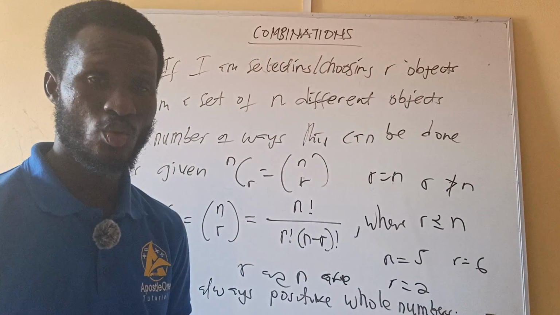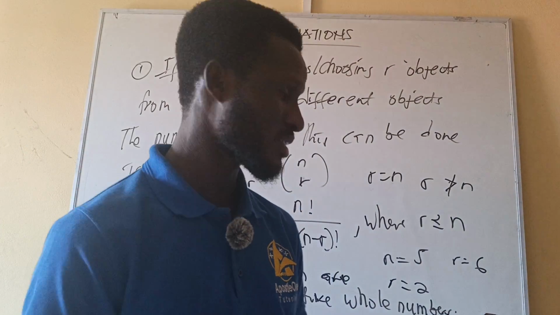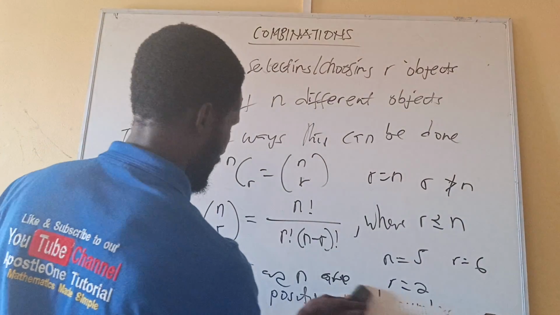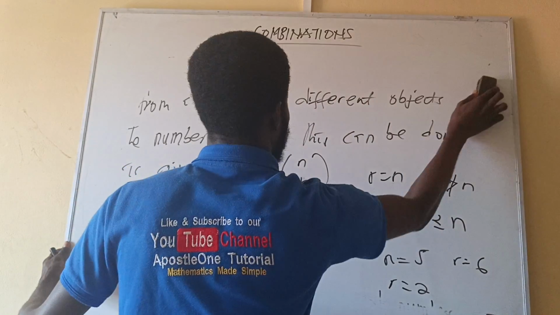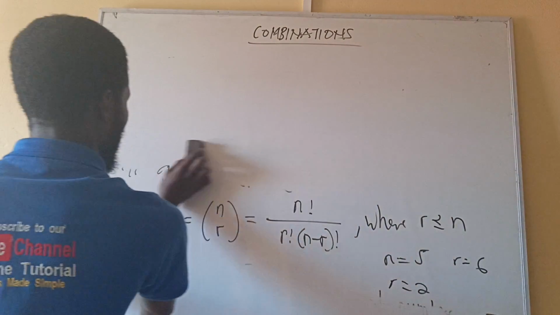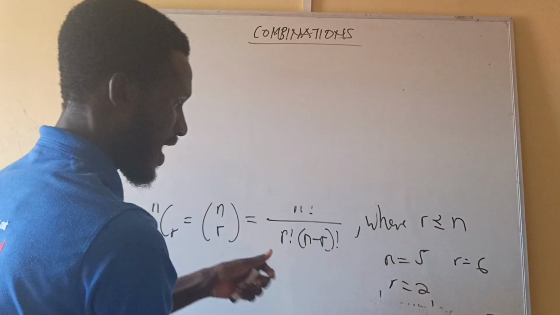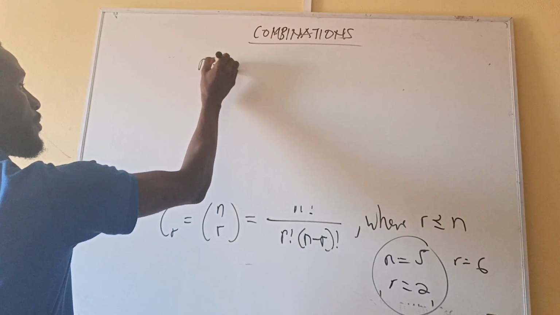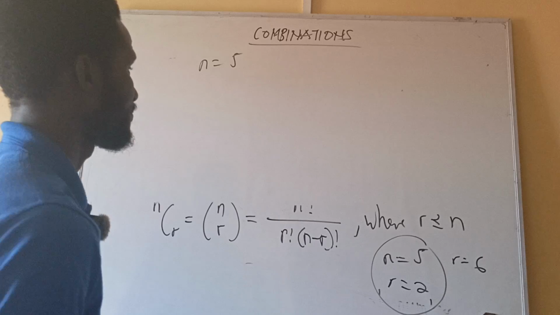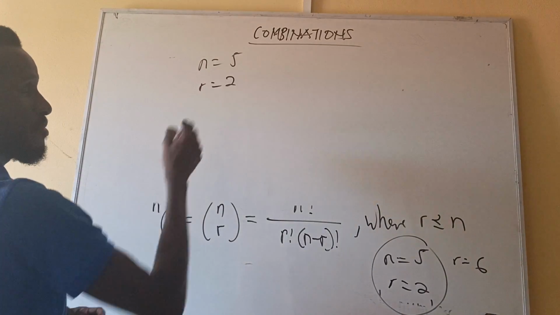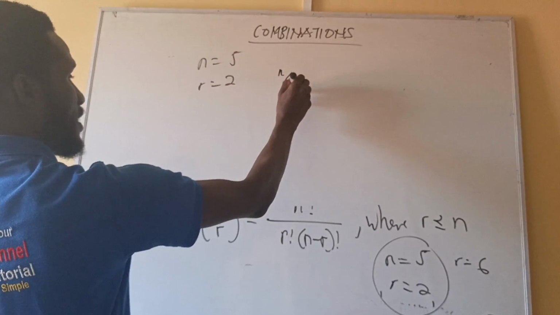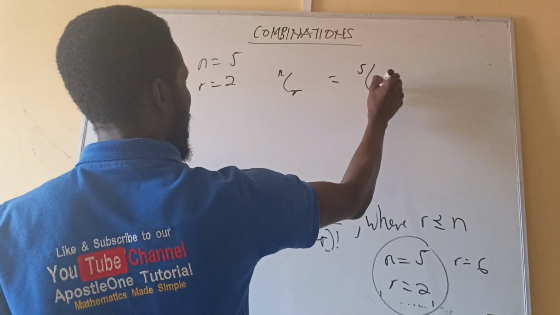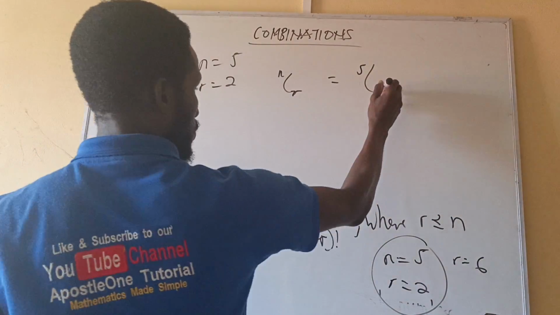Now follow me closely. I'm going to lead you through how we can solve some questions. So as I was saying, if I have a class containing 5 students, and I want to select 2 students from the 5, then the function will be n combination r, where the total is 5, and the number of selection is 2.